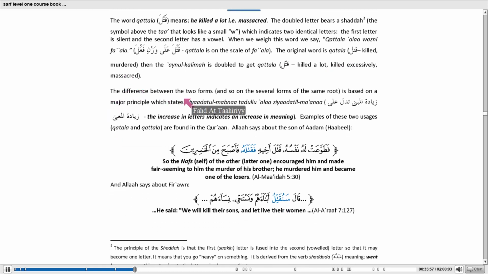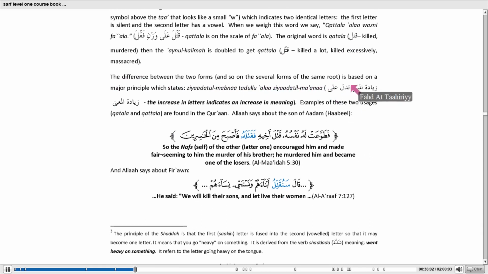Here it says the difference between the two forms. Several forms of the same root is based on a major principle which states that the increase in letters indicates an increase in meaning, which is said in Arabic زيادة المبنى تدل على زيادة المعنى. زيادة المبنى means the increase in the form. المبنى is another word for بناء, which you have taken before.